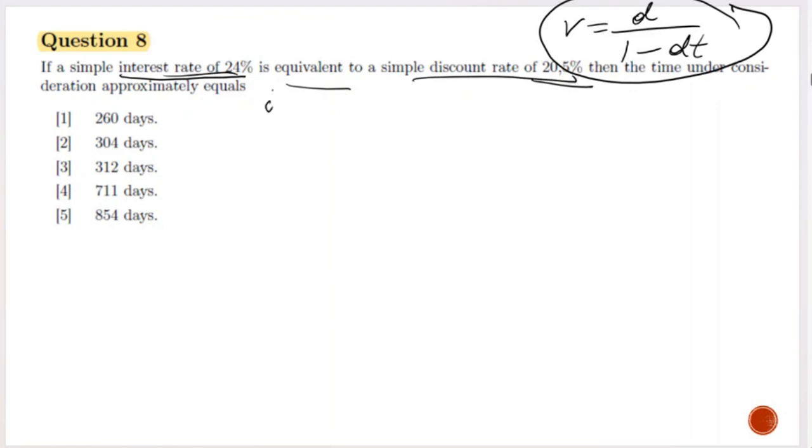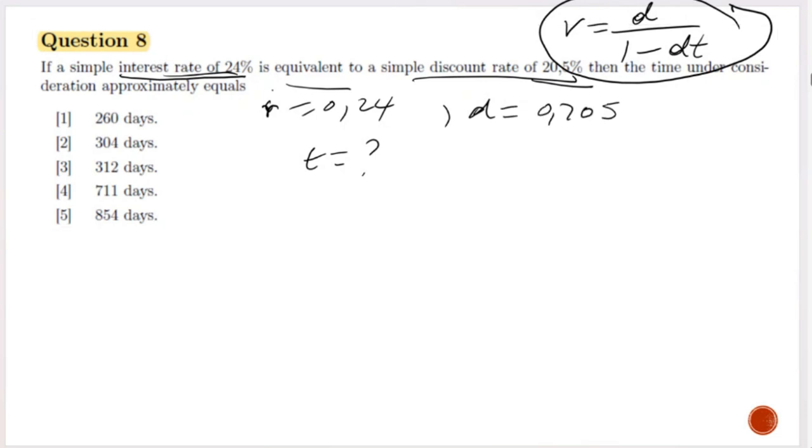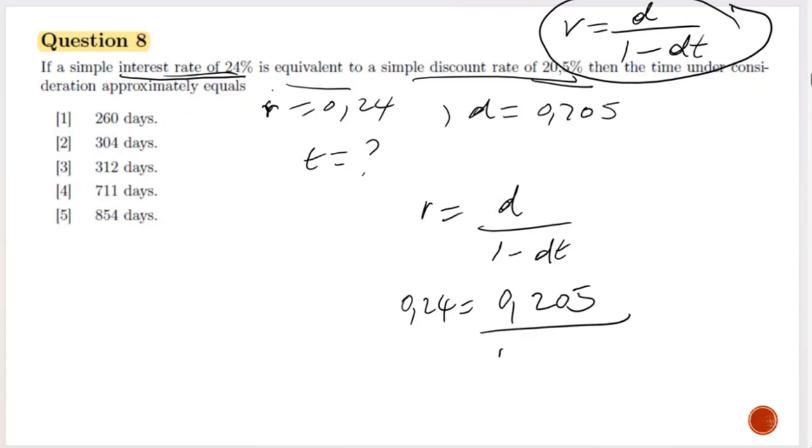So now your interest rate is equal to 0,24, and then your simple discount there is equal to 0,205. The time under consideration, you are looking for T. You go to your formula sheet, and according to your formula, you are going to have R is equal to D over 1 minus dt, which is your R is 0,24, which is equal to your D, 0,205, divided by 1 minus 0,205.